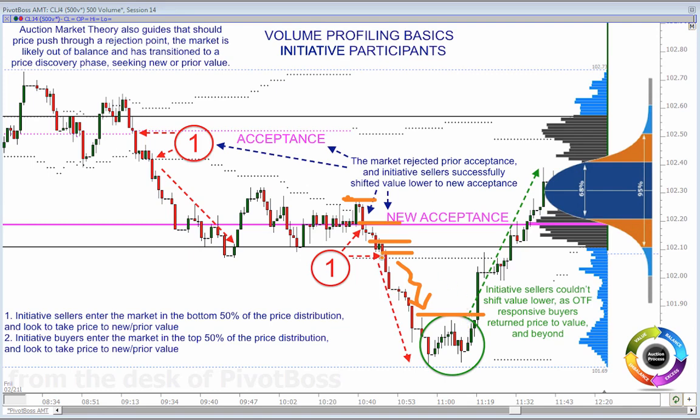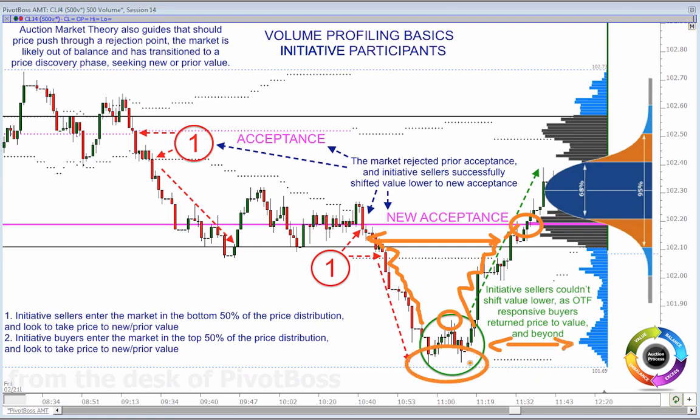So this is what you need to know. If initiative sellers are short and you are looking to enter the market, are you going to follow the initiative sellers, or are you going to see if the weak hands are shaken out? Because if the weak hands are shaken out here, then all of these initiative sellers that got short are going to start getting their stops popped, and it's going to go right back to the breakout point and right back to value, because they weren't able to generate enough volume down here to gain acceptance.